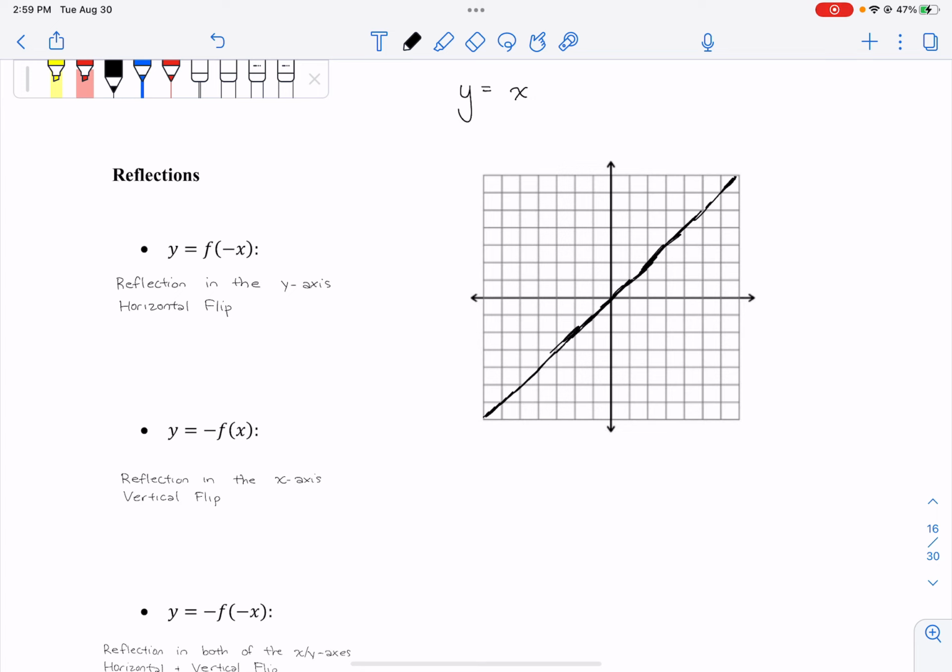Once again, I can't actually draw a straight line here. For some reason, this is what happens. It doesn't actually hit the actual points. But there, y is equal to x.